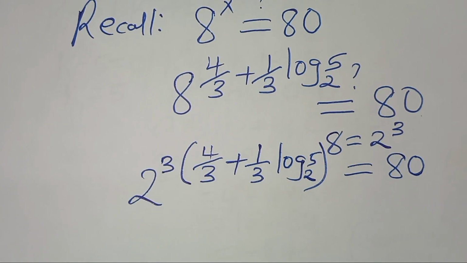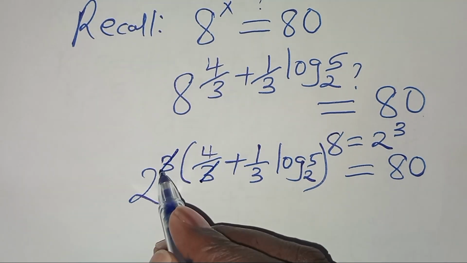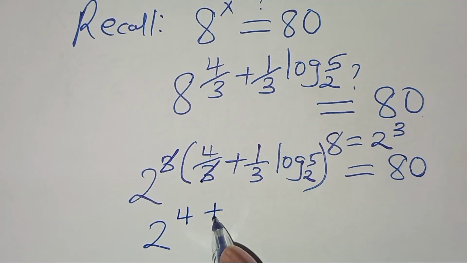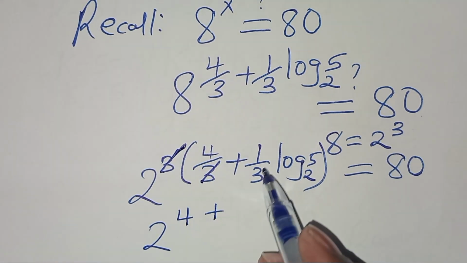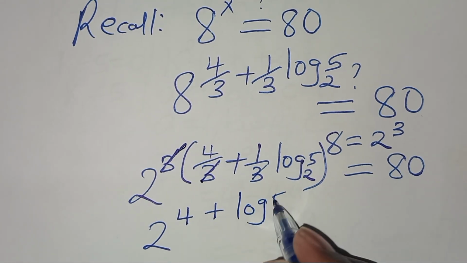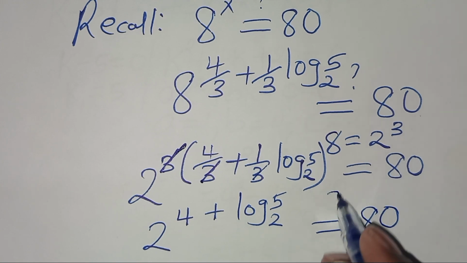The next step here, let's simplify. We simplify 3 and 3 here, so that now here we have 2 to the power 4, plus, now here we have 3 and 3 here simplifies. So this is 4 plus log 5 to base 2. This is supposed to give us a value of 80.